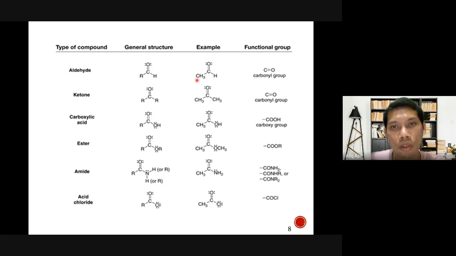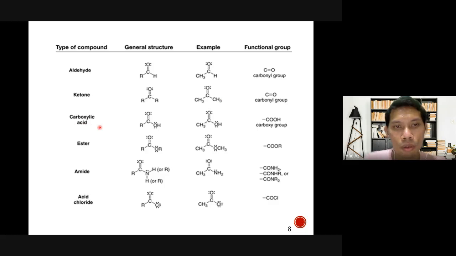Example here you have CH3. But for ketone, the carbonyl group will be bonded to two R groups or two carbons on both sides. So this side also you have carbon, and on the right side also you have carbon. Like this example, you have CH3 and CH3.